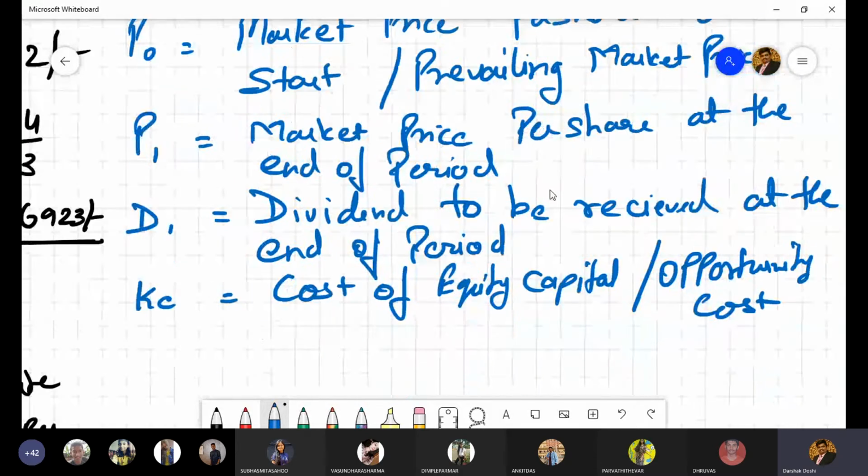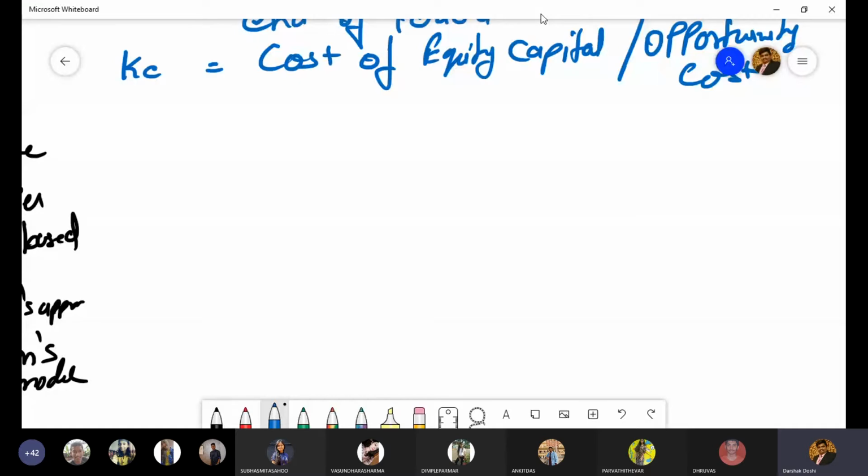Now the next point which I discuss is whether the company should give dividend to shareholders or whether to retain that.